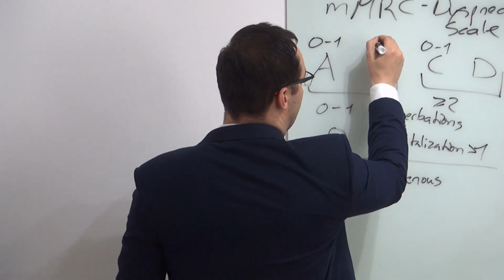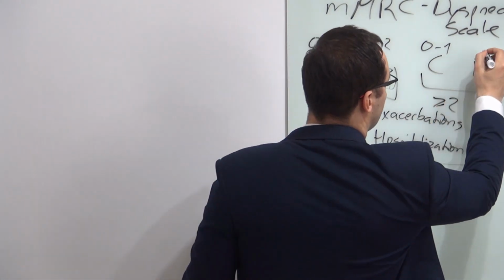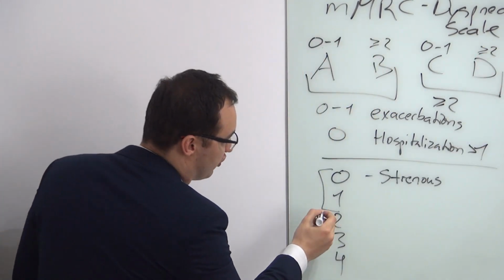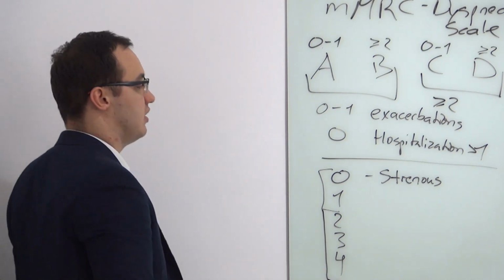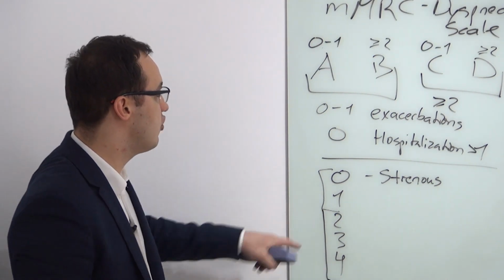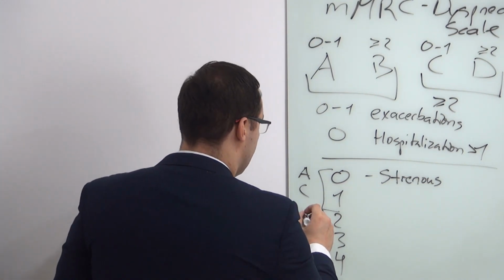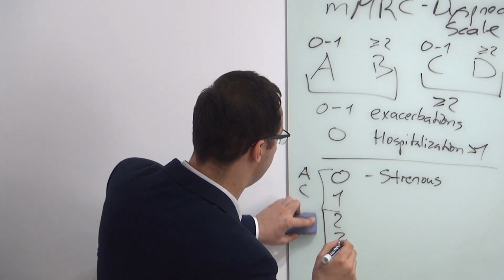In B, we will put any patient who is equal to or more than 2. So this means 0 and 1 is A and C, and this is B and D.